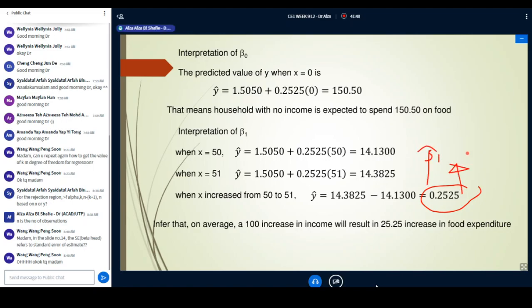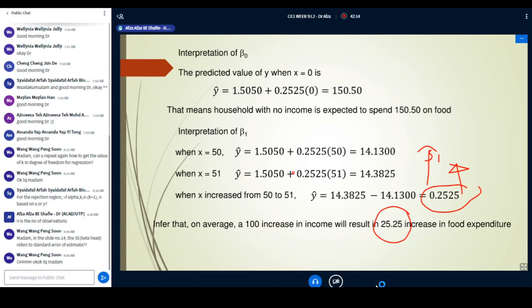So let's say an increase by 1 means an increase by 100 ringgit, or $100 or whatever. So I would expect the food expenditure to increase by 25.25 ringgit, for example. So this is my interpretation of the beta 1.